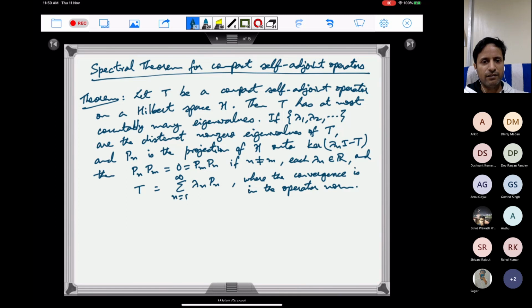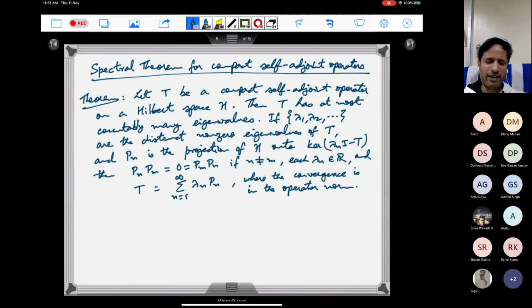If I take any T, then I can write T equal to lambda 1 P1 plus lambda 2 P2 plus up to lambda k Pk, where the lambda i's are distinct eigenvalues, and P1, P2, Pk are projections onto the eigenspaces corresponding to these distinct eigenvalues.